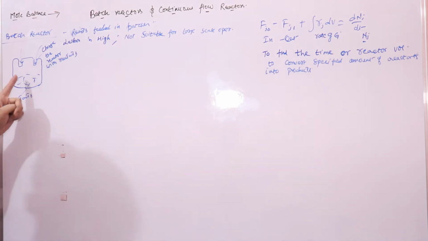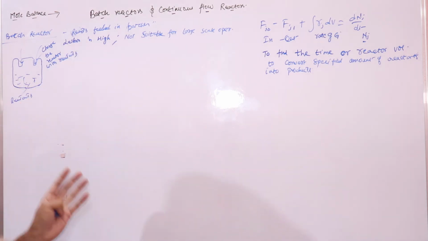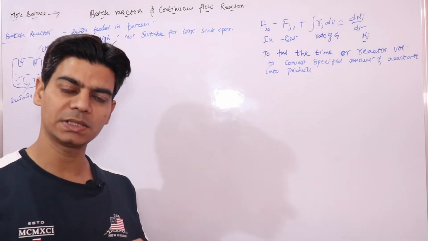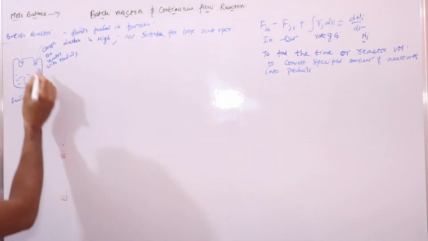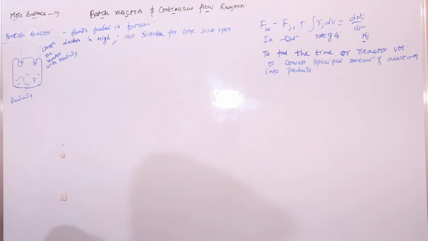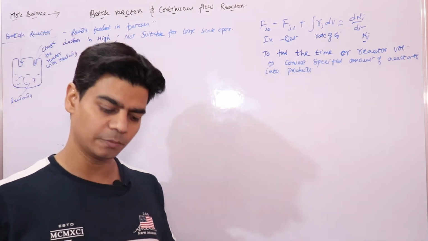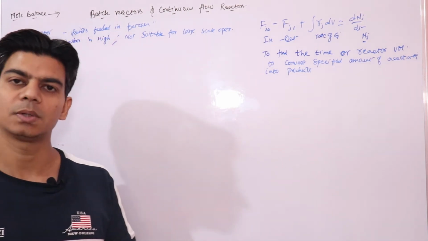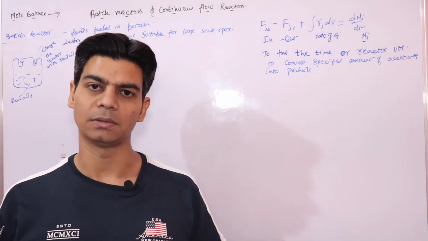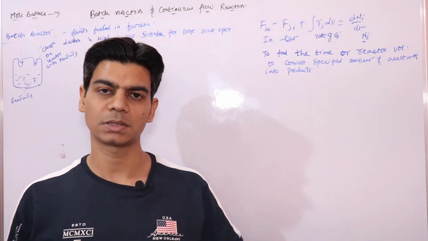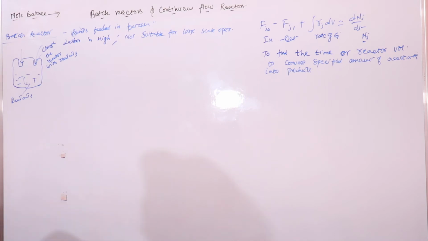And the reactants are allowed to react. Reactants can be left for some time in the reactor, where they are allowed to react. And in this type of reactor we have high production. The rate of production is high because reactants can be left in the reactor for a long time.